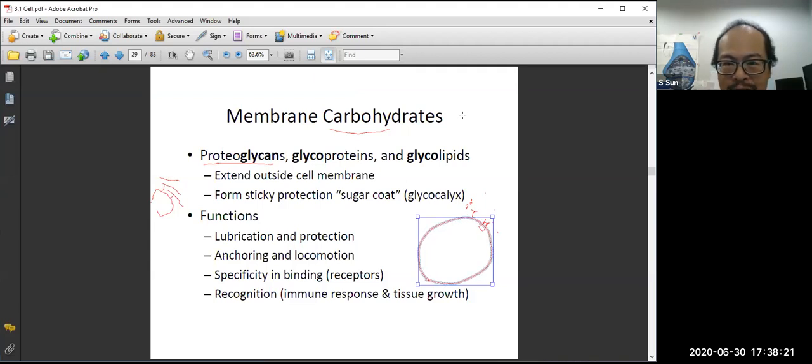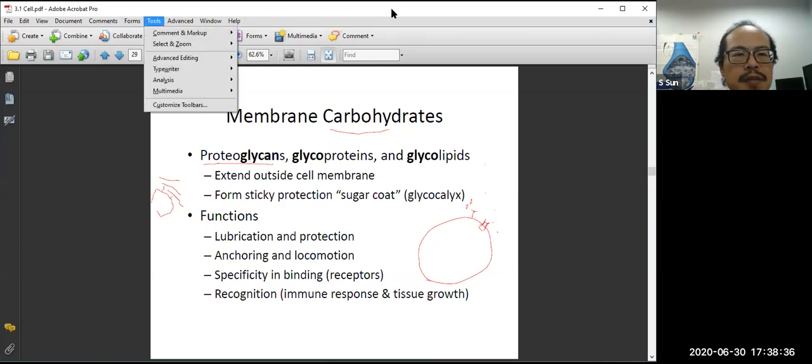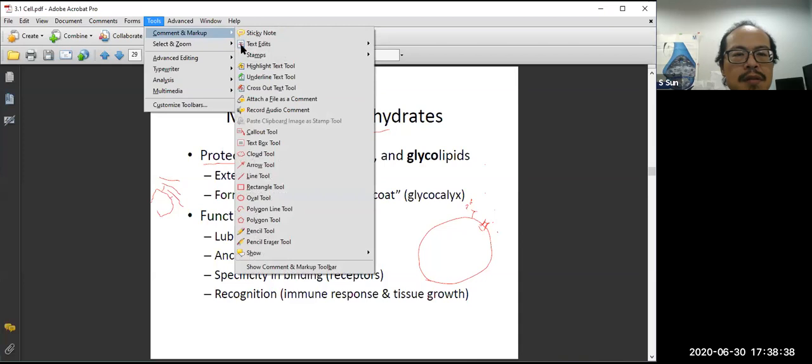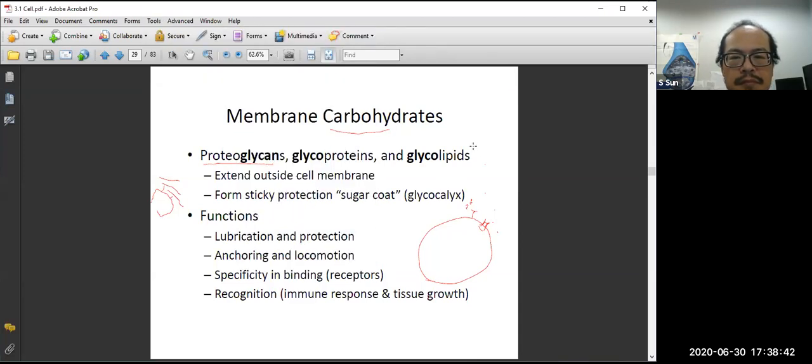Binds to that protein. Say this is a protein, then it will bind to it.